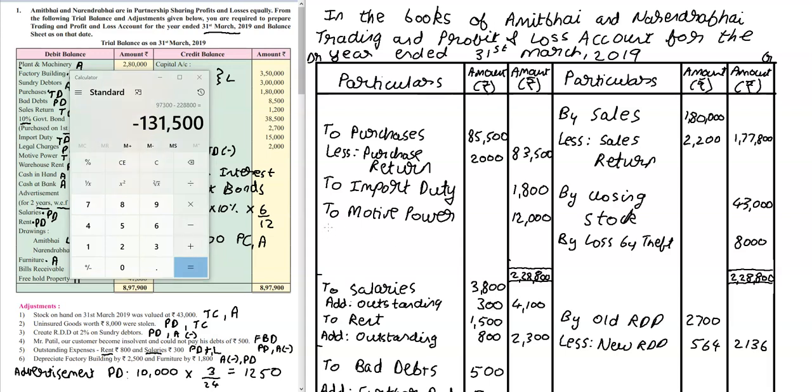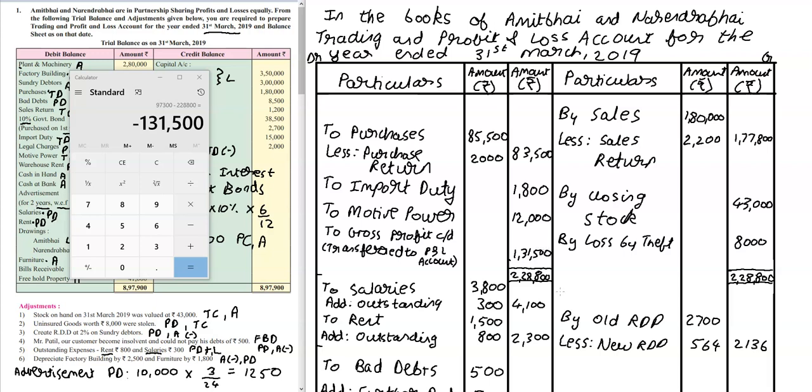This will be to gross profit carried down, transferred to P&L account, 1,31,500.